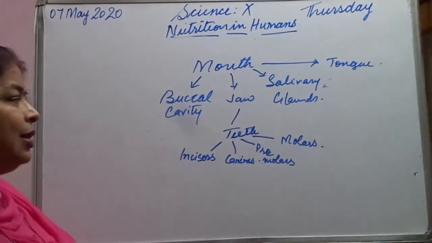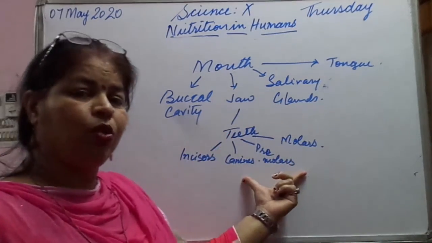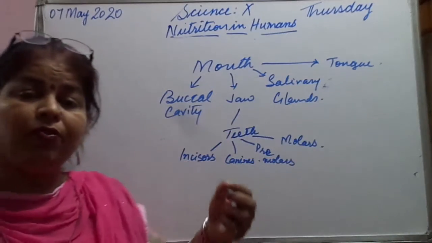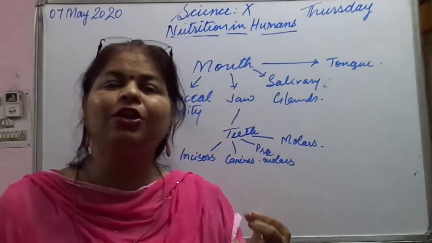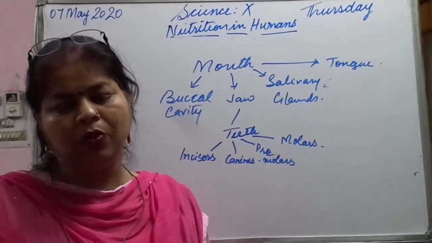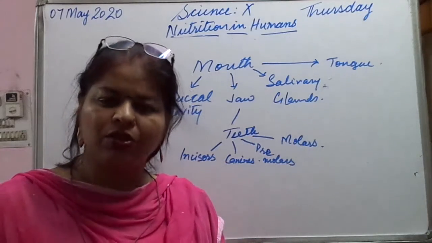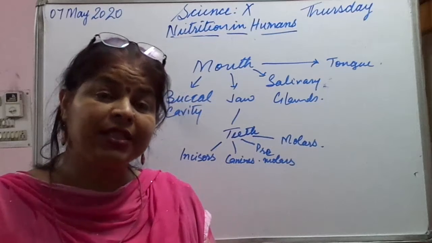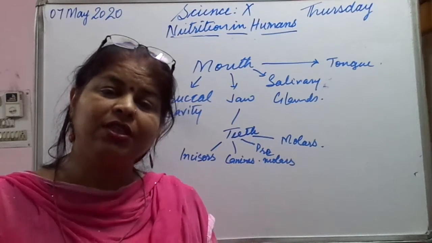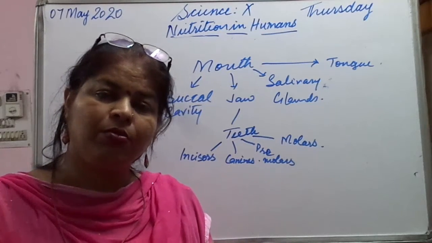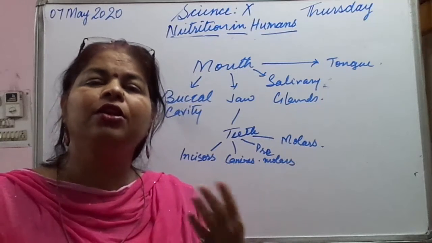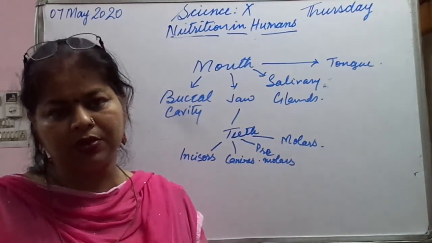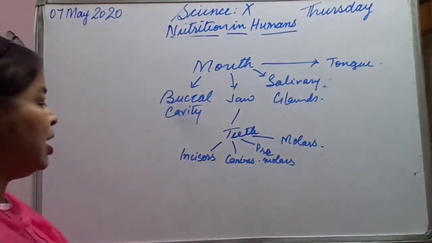Okay, now what do these teeth do? In human beings there are 2 sets of teeth. One is called milk teeth or deciduous teeth, because they fall down and then a new permanent set of teeth comes. So how many in number are they?